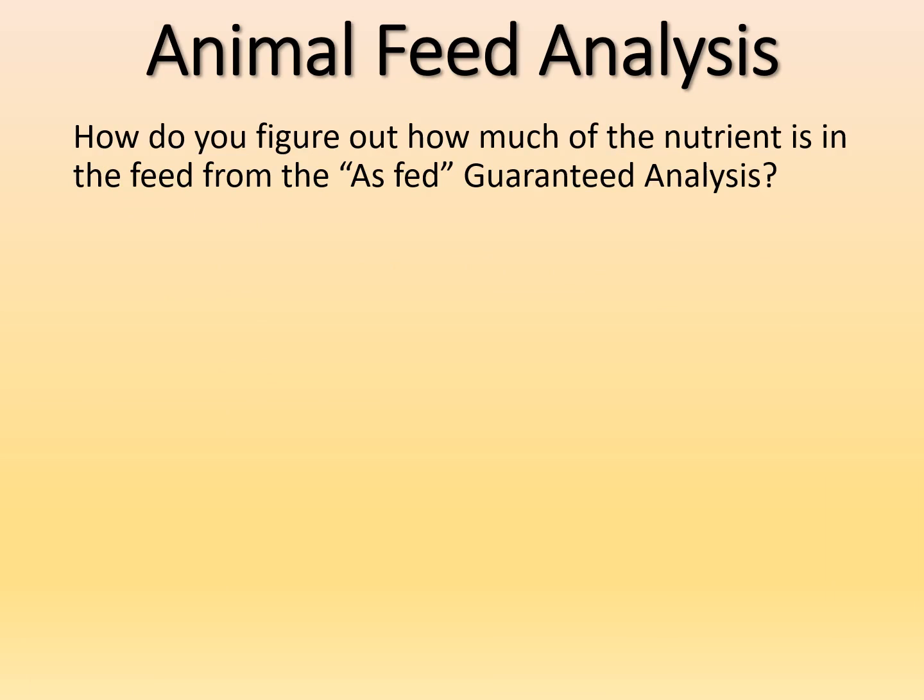So now, how do we actually compare diets and the nutrients within those diets? We said that the approximate analysis gives you the numbers for everything that's in there, but they're still percents. And the as-fed guaranteed analysis is what you actually are looking at on the diet.